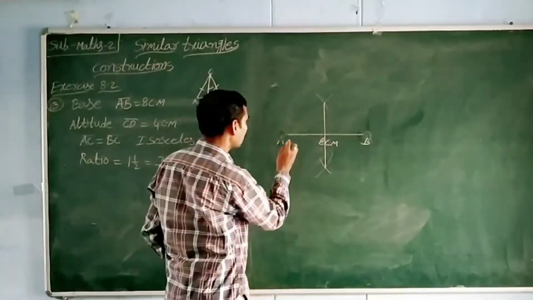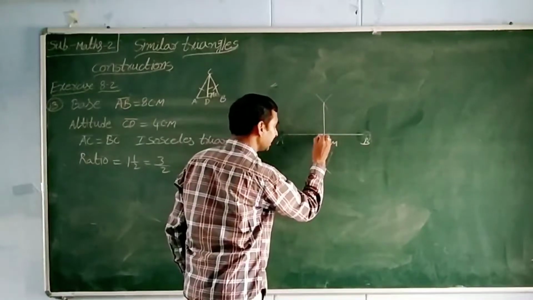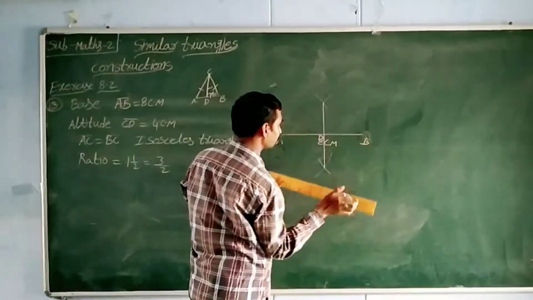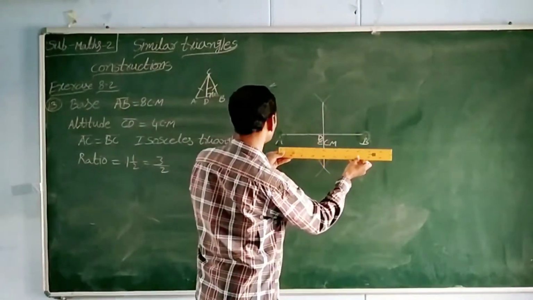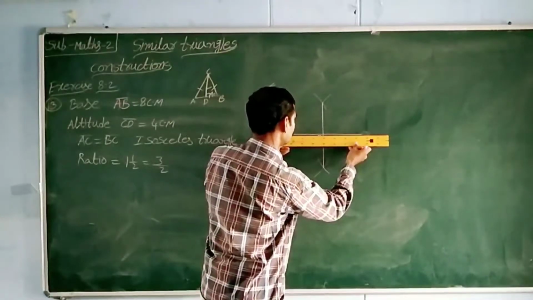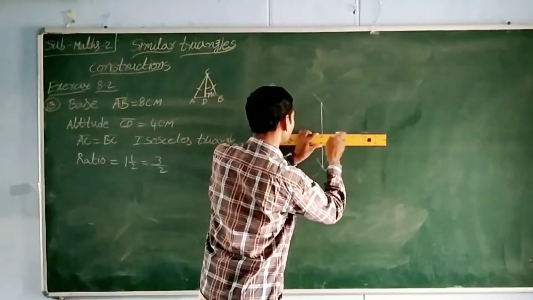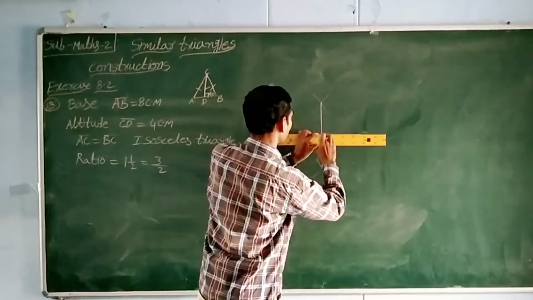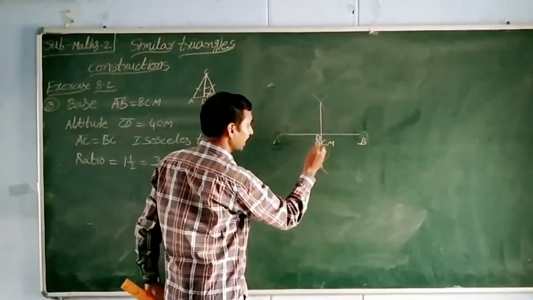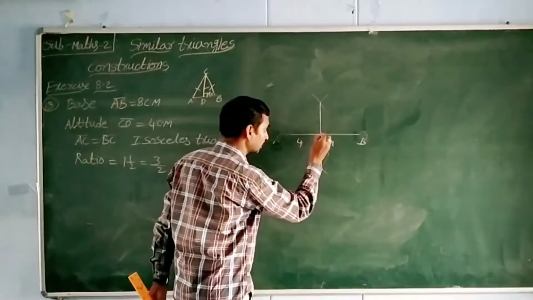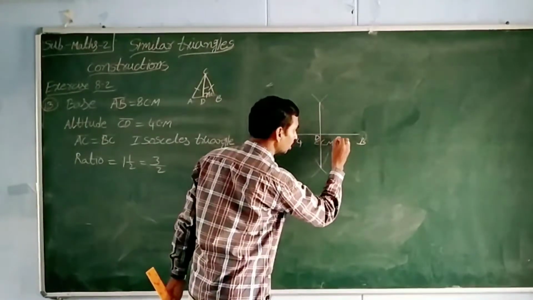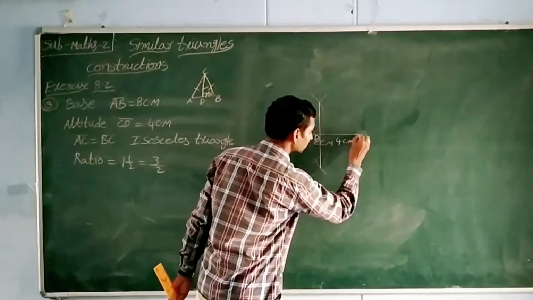Now this D is the midpoint of AB. Is it the midpoint of AB or not? Check. Exactly, it is the midpoint of AB. Now 8 centimeters means AD is 4 centimeters and BD is also 4 centimeters.